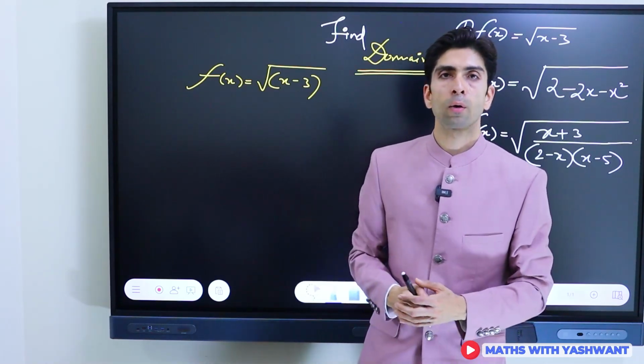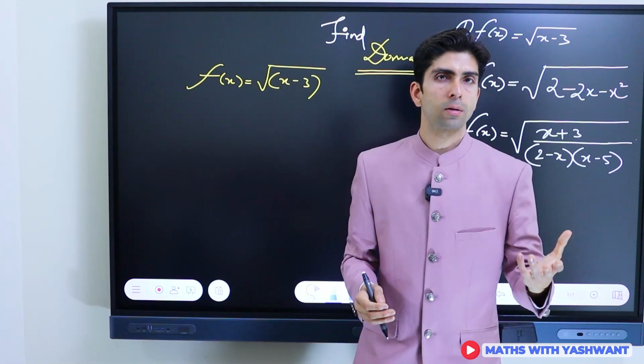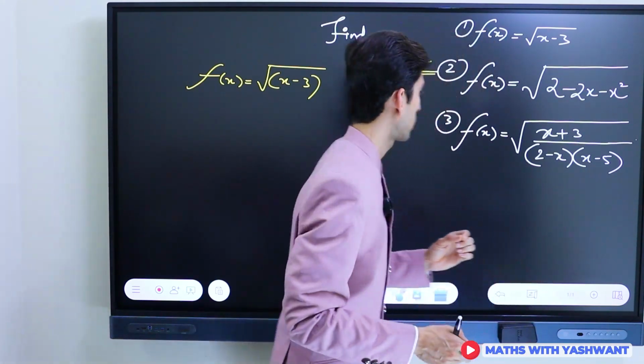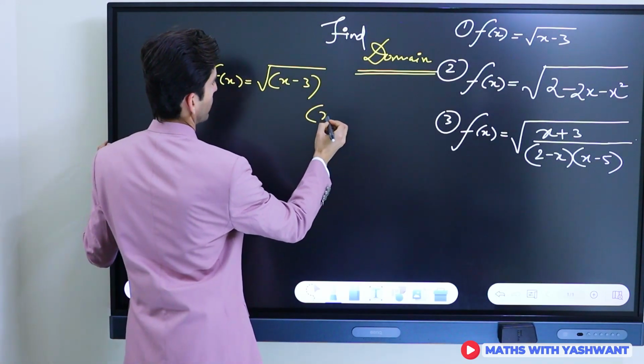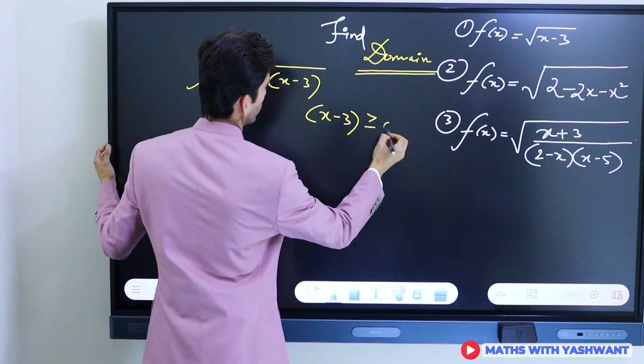Whenever we have a square root expression and we want to define it, we have to make sure that the quantity written inside the square root is either positive or 0. So we have to make sure that x minus 3 is greater than or equal to 0.